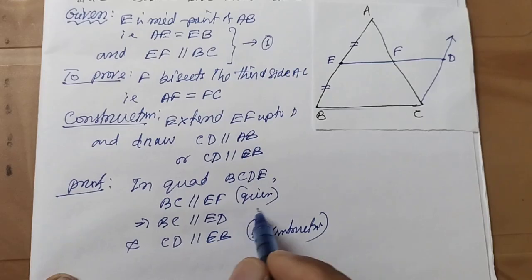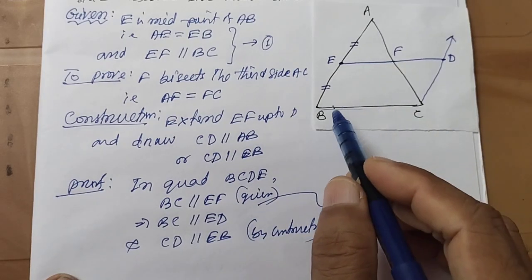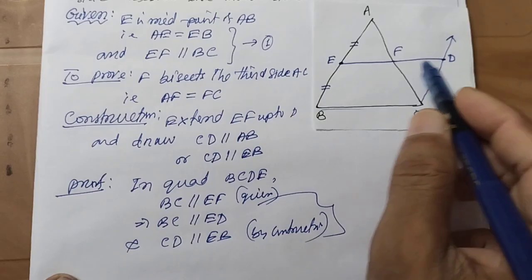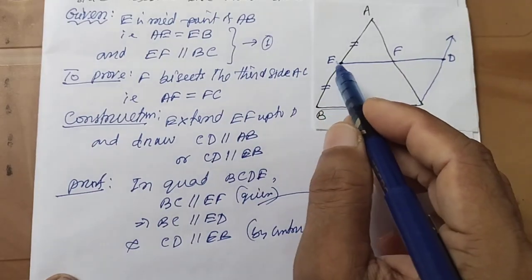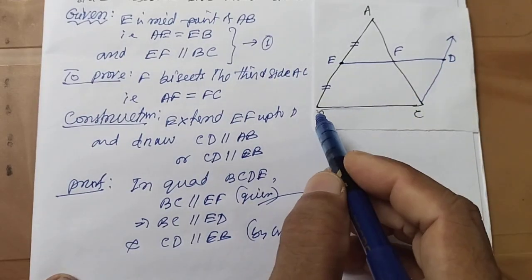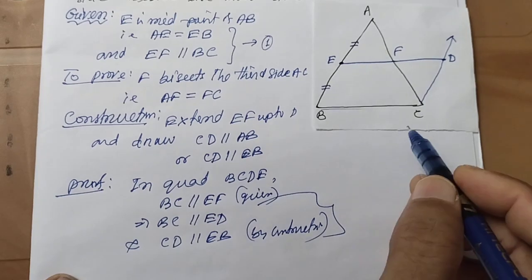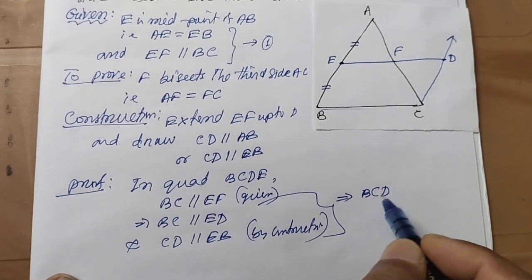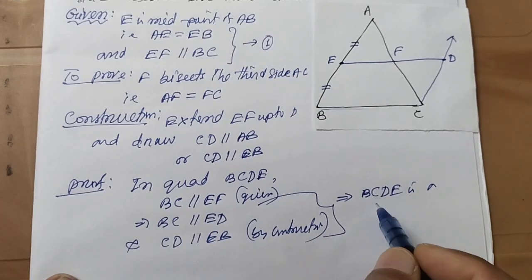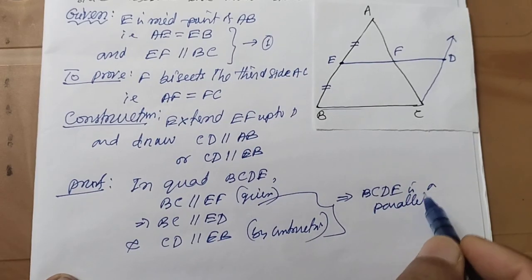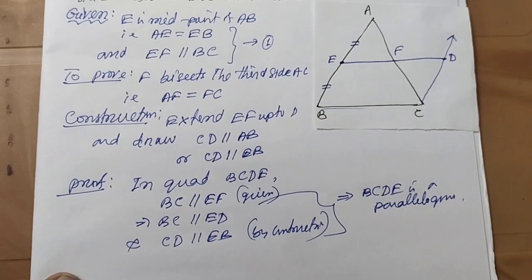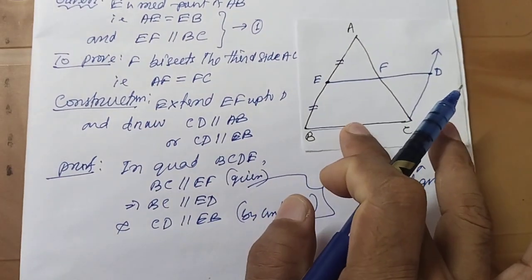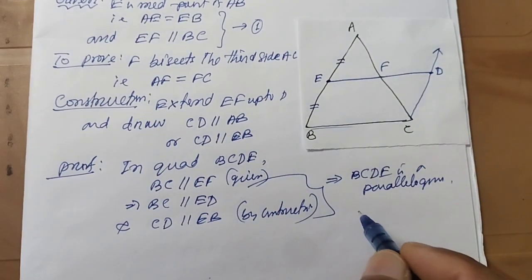So what we got from these two conditions: in quadrilateral BCDE, BC is parallel to ED and CD is parallel to EB. That means both pairs of opposite sides are parallel. So this implies that BCDE is a parallelogram.